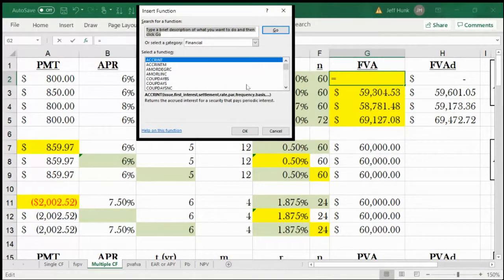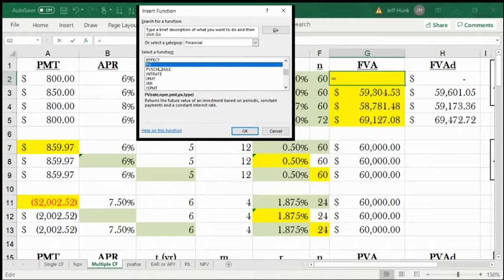If you're in the financial category, you scroll down. The variable we're looking for is future value, right? Once again, there's no distinction between future value and future value of annuity in the financial calculator. It's just future value. The only difference is the inputs that are going in there.